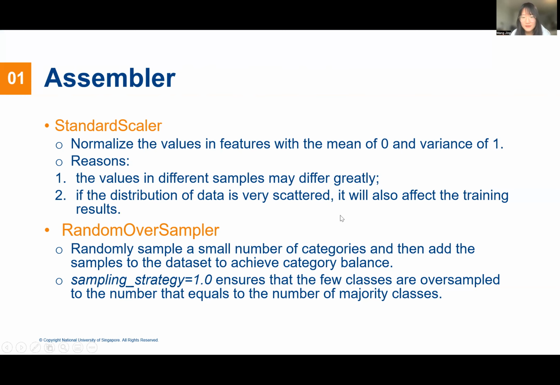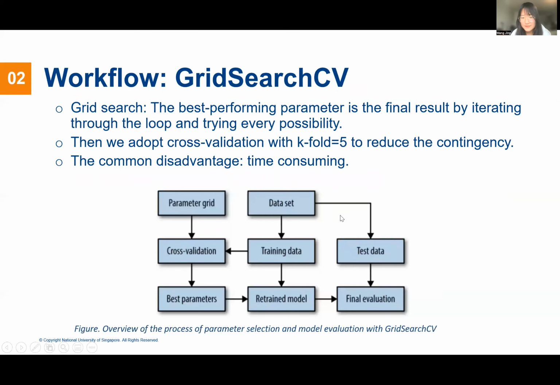Then we choose grid search to be the tuning method. It works by looping through all the possible alternatives, and the best parameter is the final result. However, the final performance of this method has a great relationship with the partition result of the initial data. In order to deal with this situation, we adopt cross-validation to reduce the contingency.